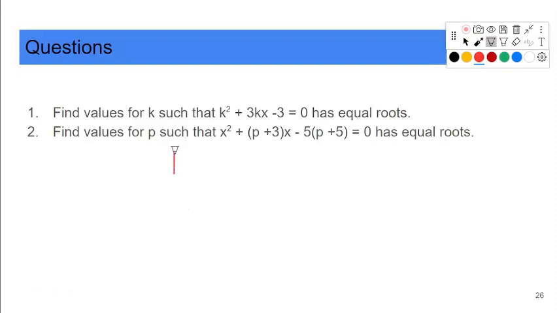It was p squared plus 26p plus 109 equals 0.